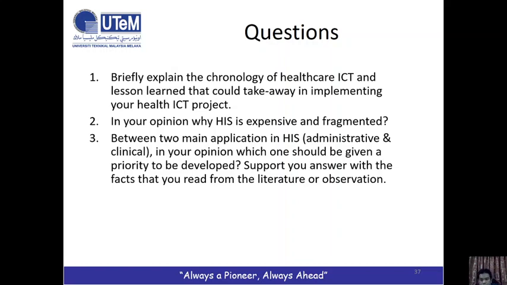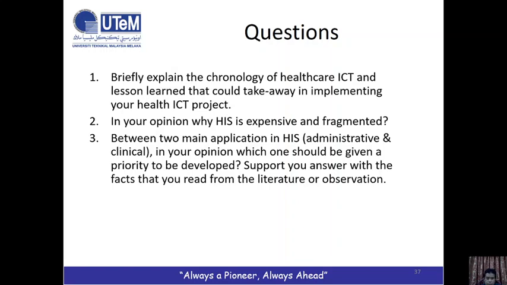They are implemented in a fragmented way. So I expose you to this situation because we have to look at the back side, the problem side. ICT services is to resolve the problem.